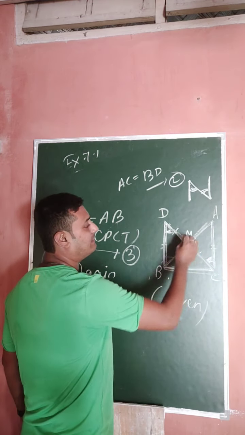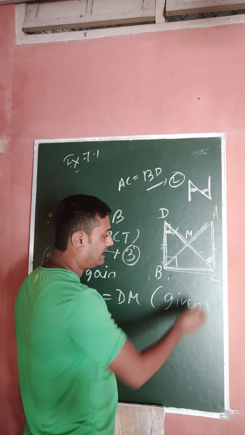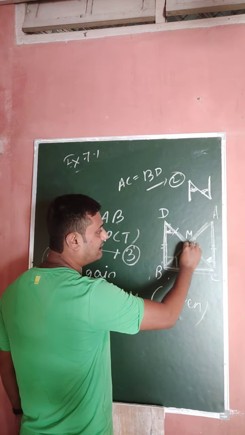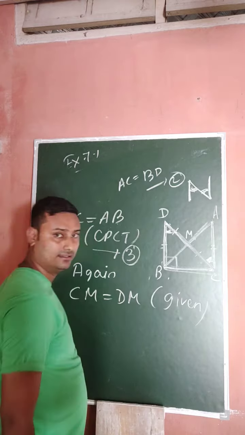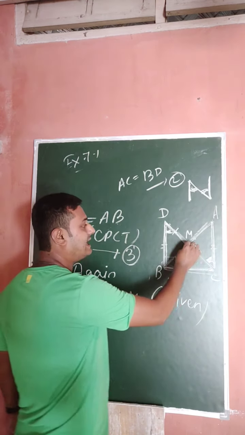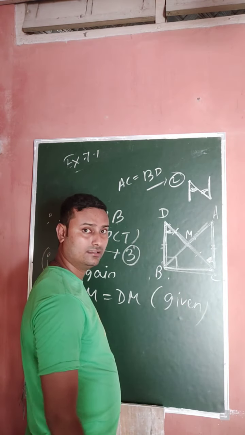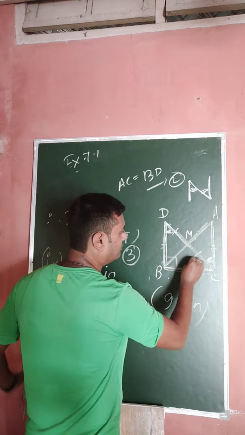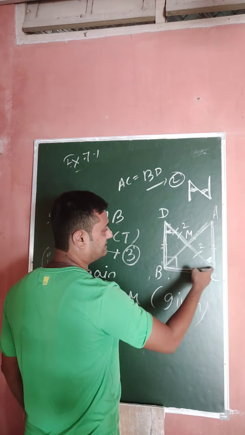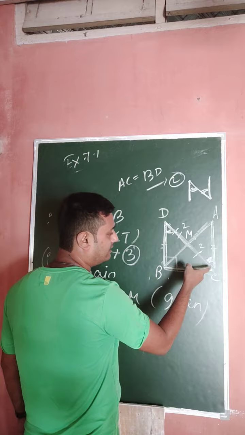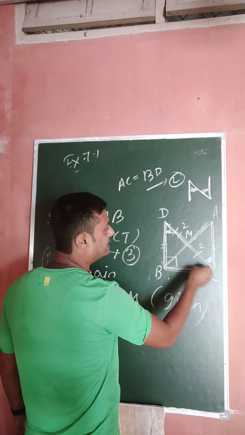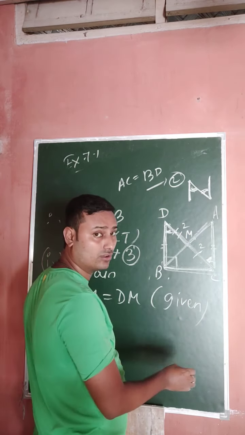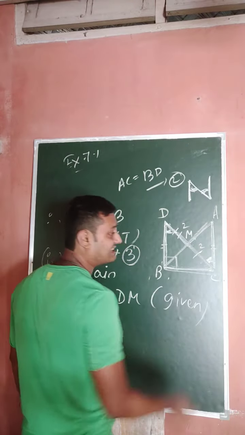CM and DM are equal. Okay, and when you add CM and DM, then you will get CD. That means this CM is half of CD or DC. Suppose this value is 2 and this value is 2. And CM and DM are equal. If we add CM and DM, then you will get CD. That means CD is what? 4. So you can say that CM is half of CD.